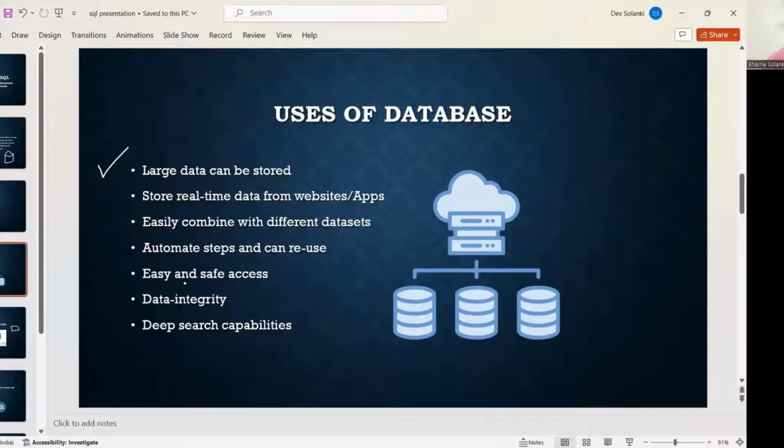Then easy and safe access, and multiple people can work at the same time in the databases because it is very easy and safe access. Then data integrity. What is the meaning of data integrity? When we put data in Microsoft Excel, we make changes manually, right? Sometimes it happens that in place of a name we put a numerical value.